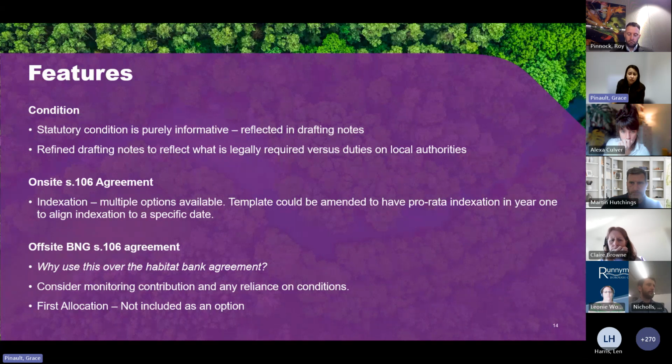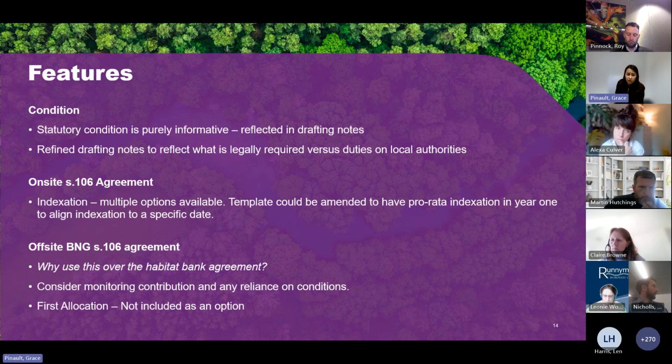If you have an applicant who says, I'm dealing with an outline planning permission, I don't know what my enhancements will be offsite, I don't know exactly what land I might use that's in my Blue Edge land for offsite enhancements, you could just have a standalone Section 106 agreement for the on-site and then choose later down, once reserved matters are submitted, to enter into the Habitat Bank only agreement.